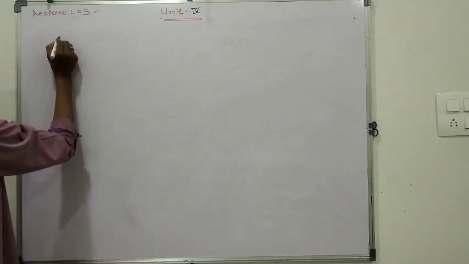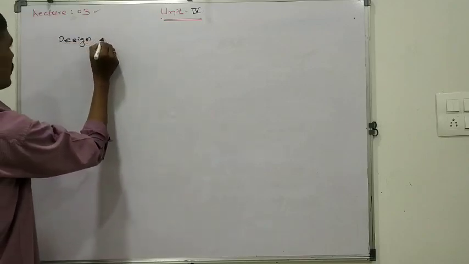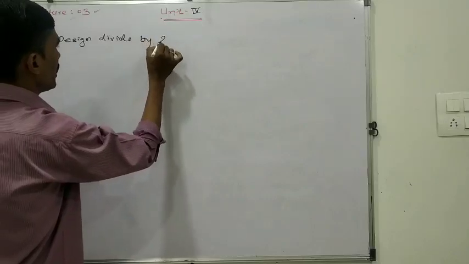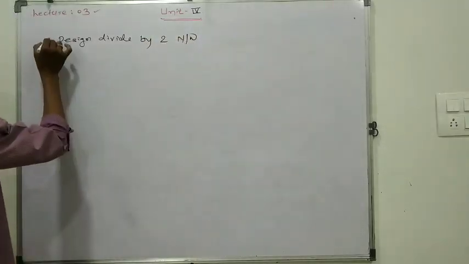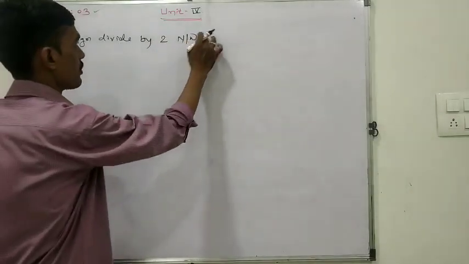We just note down here: design divide by 2 network system. This is the first statement mentioned in the problem statement.